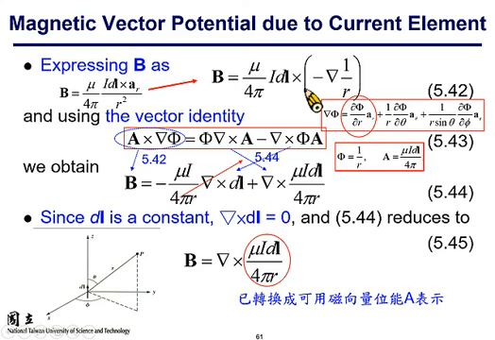At the beginning of section 5.1, we said that because the divergence of B equals 0, and the divergence of the curl equals 0 for all vectors, B can be expressed as the curl of a vector.